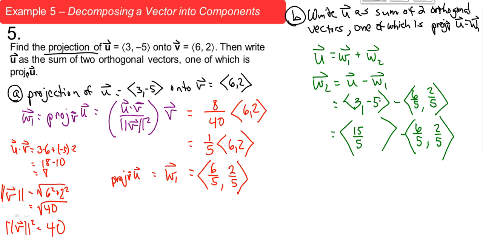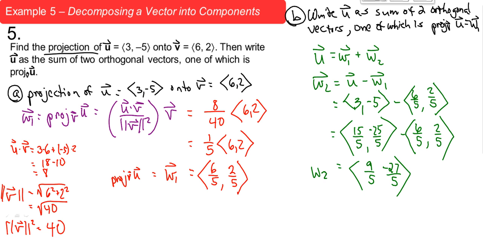-5 is -25/5. When I subtract, I get 15 minus 6, my apologies, which is 9/5. And -25/5 minus 2/5 is -27/5. So that is W2.